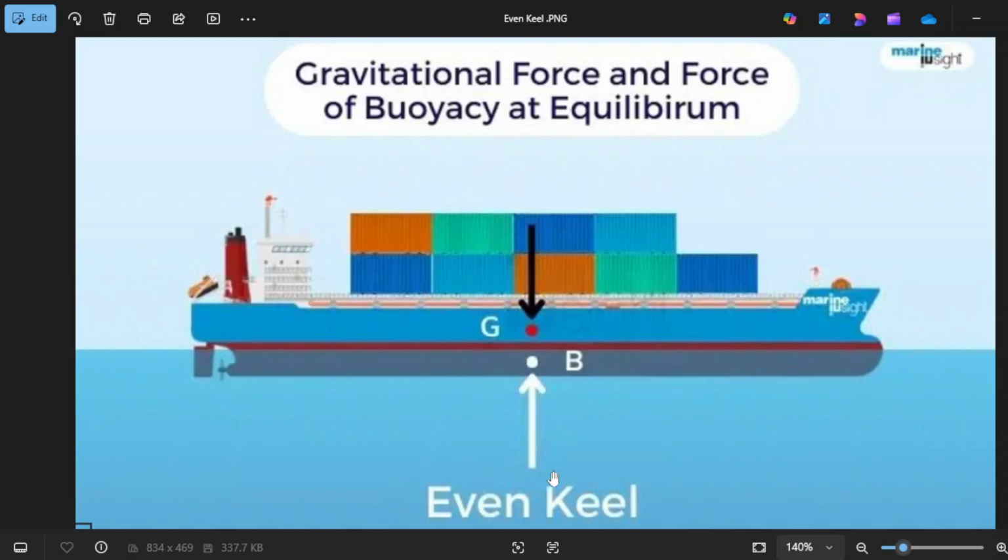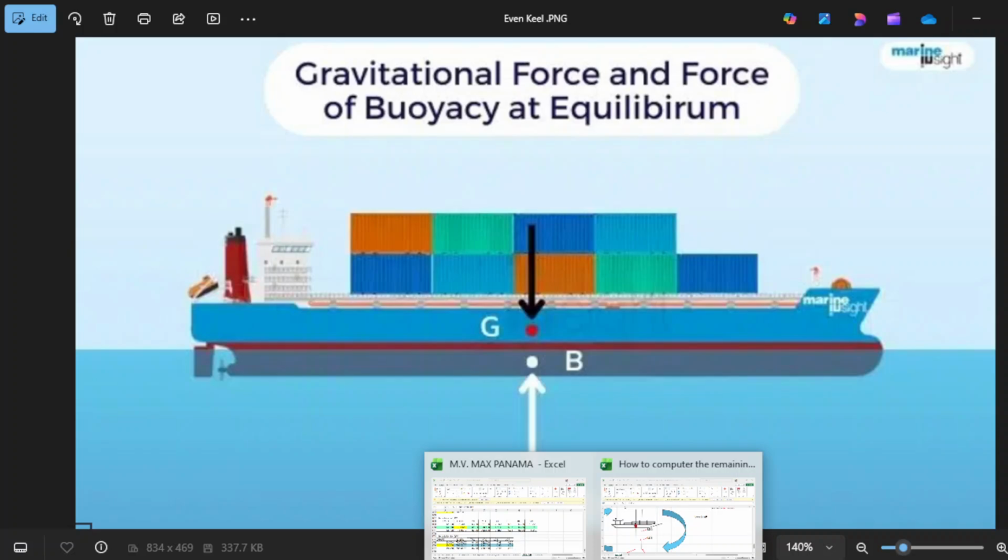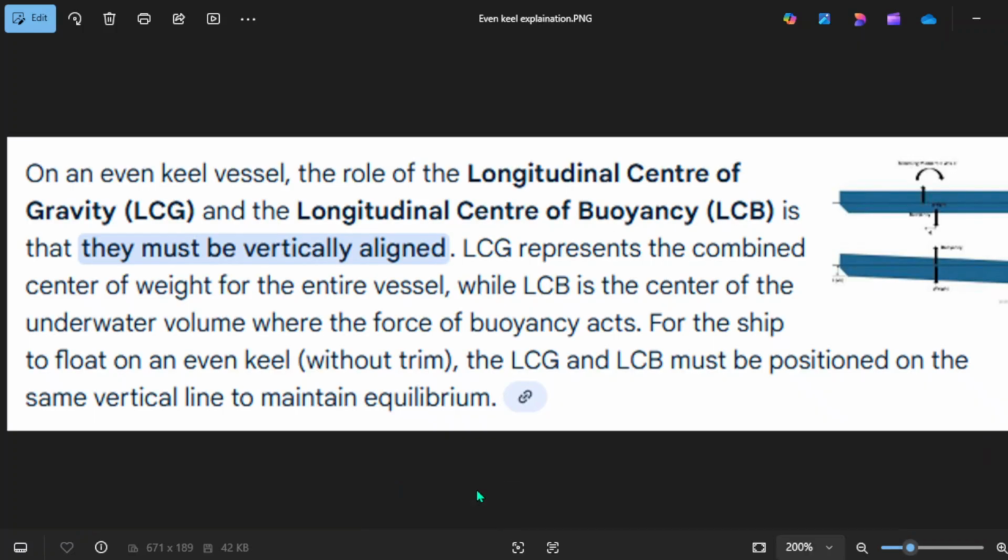So they are in even keel. There's no trim here because they are vertically aligned. So LCB is in one line with your LCG, which means there's no trim. That is what it meant here.